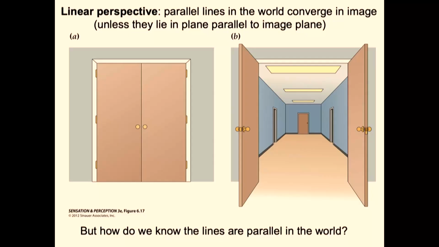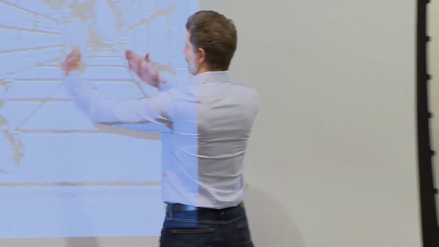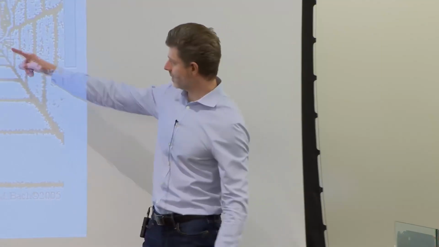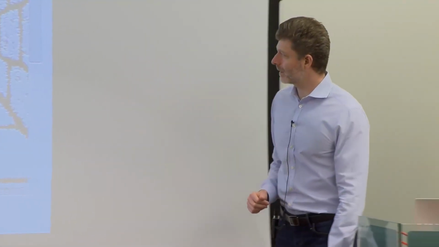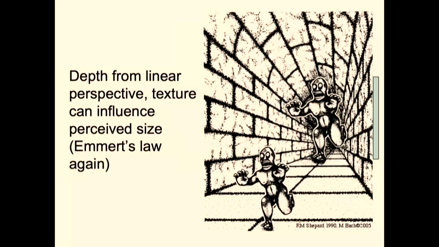And so this is a classic illusion where depth comes from both linear perspective and texture. These lines are converging, which makes it look like that's a lot further away than this. There's also a texture gradient. What's cool about this is that it looks like there's a really big monster chasing a smaller monster.